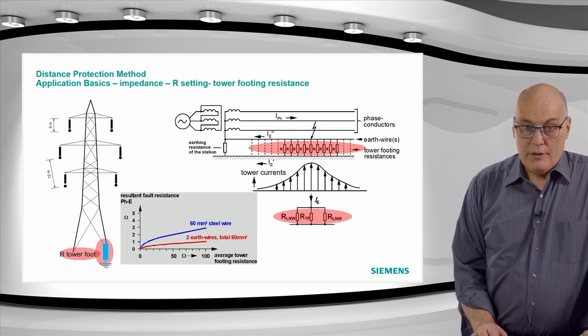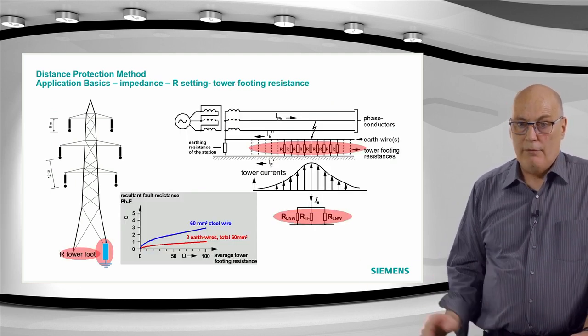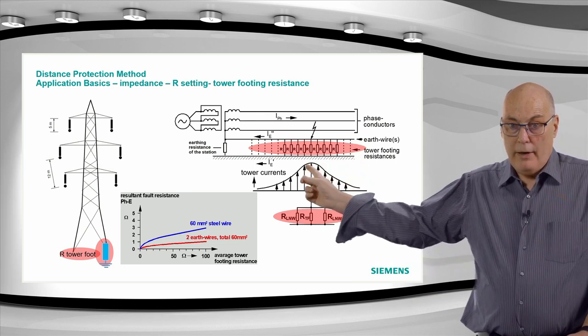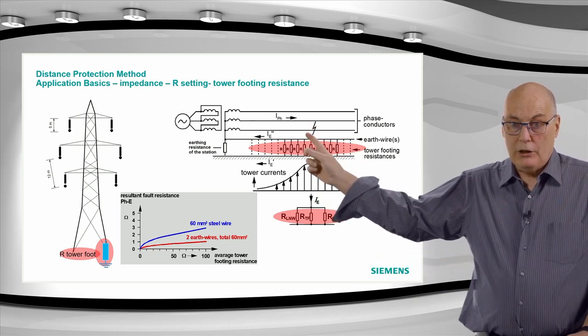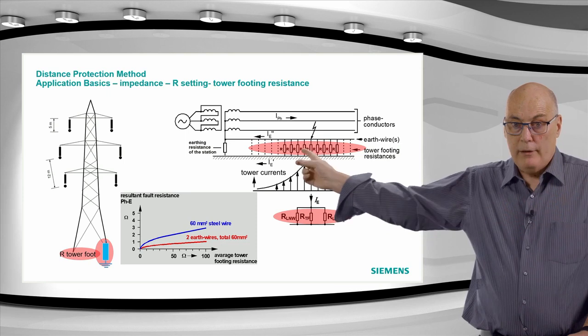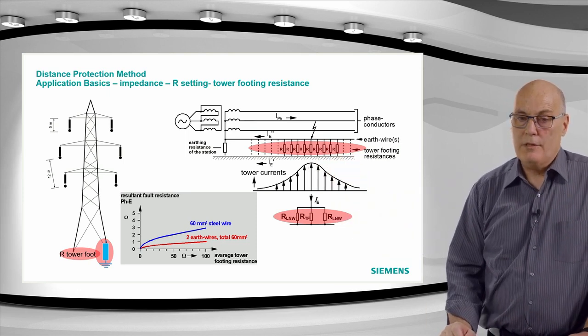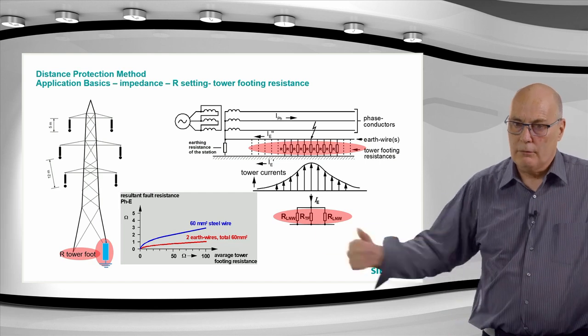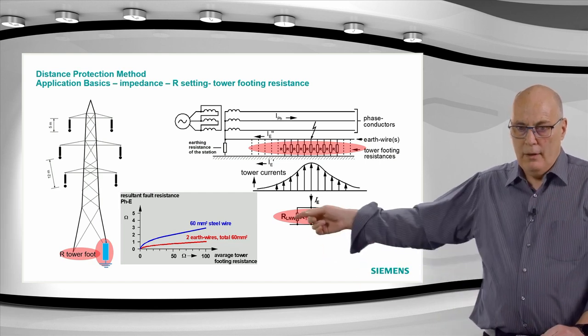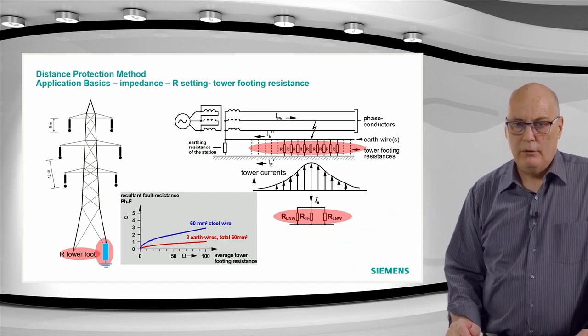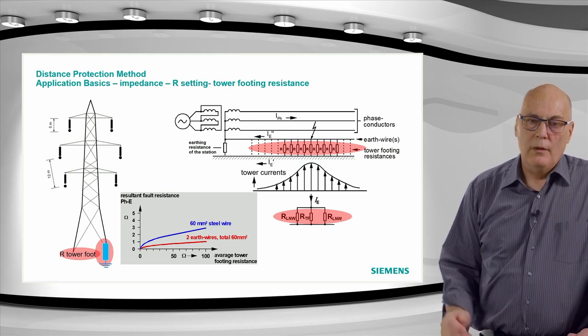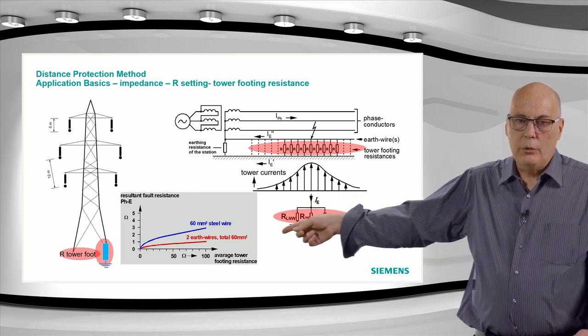For the tower footing resistance, as we've done before, there are a number of them in parallel. The current will flash over to the tower and then it will separate along the ground wire and come down on parallel tower footing resistances. So we don't look at one, it's basically a combination of those in parallel. And this graph here will give you some typical values for a single or a dual earth wire.